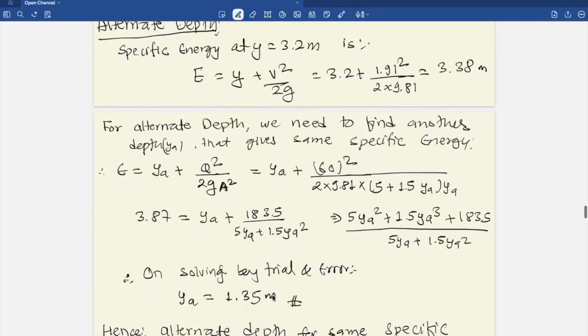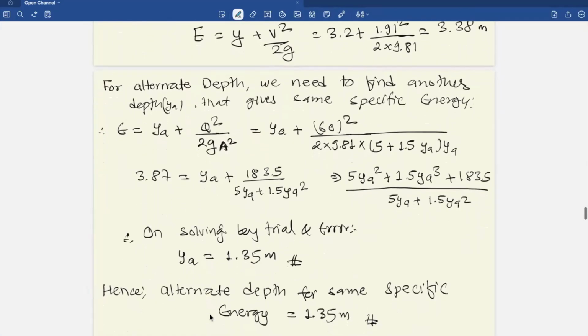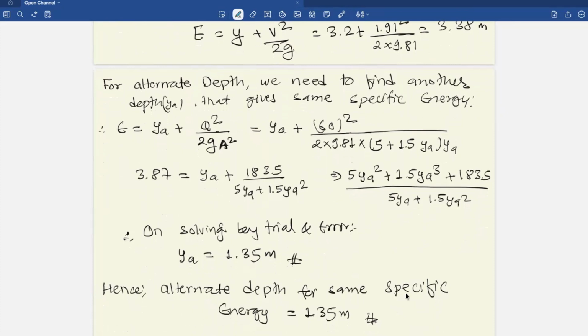For this problem, I have not shown the trial and error, but I directly computed ya is equal to 1.35 meter. So hence our alternate depth for the same specific energy is equal to 1.35 meter.